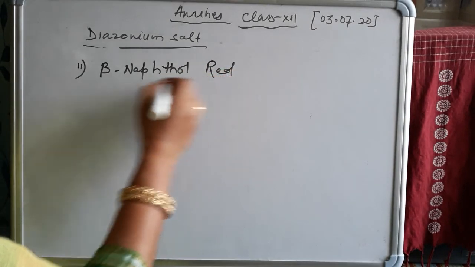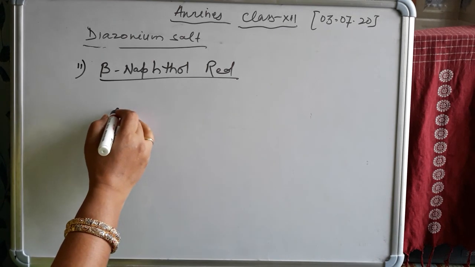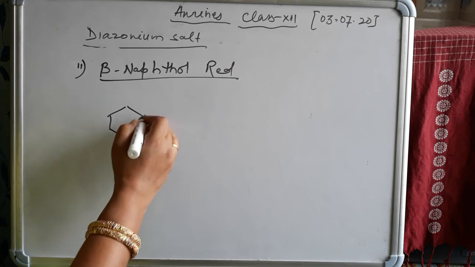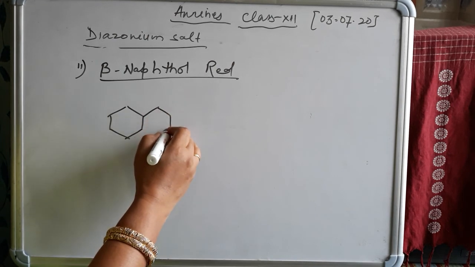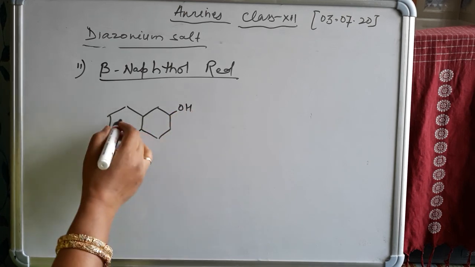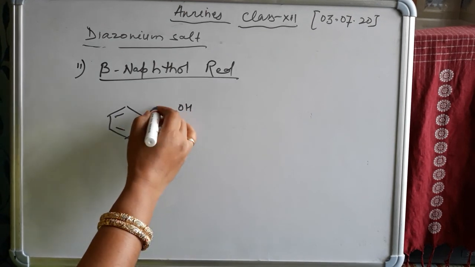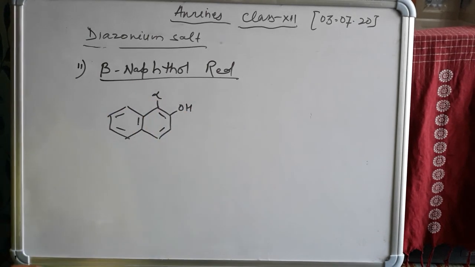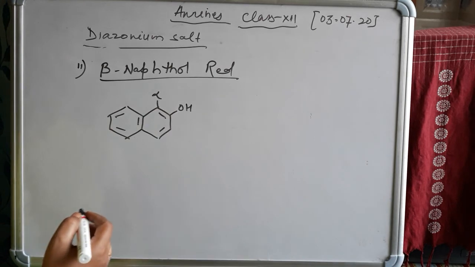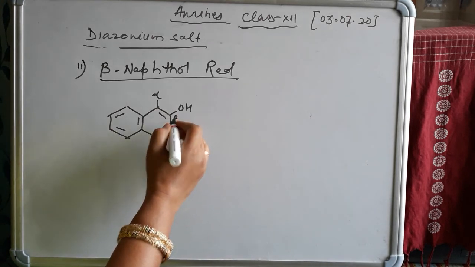This is often red in color. At first we draw the structure of naphthalene, in which a hydroxy group is present at the beta position. This position is alpha. Actually, this is the isomer of alpha naphthol, and this position is the beta position.